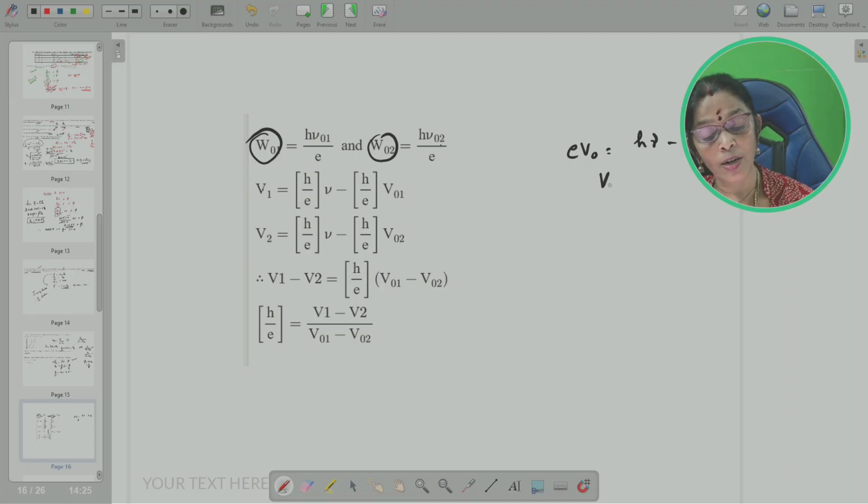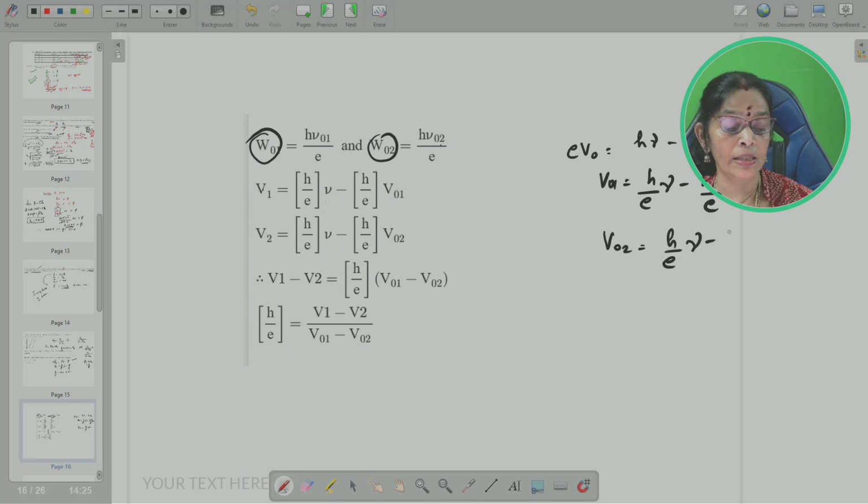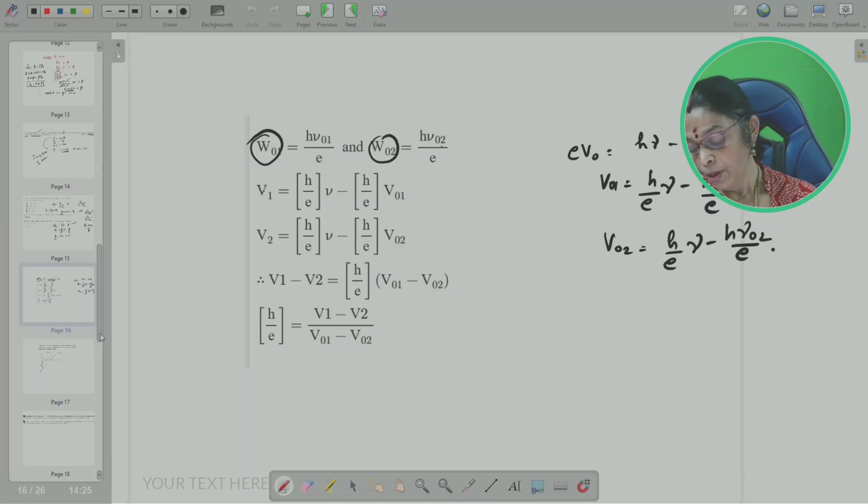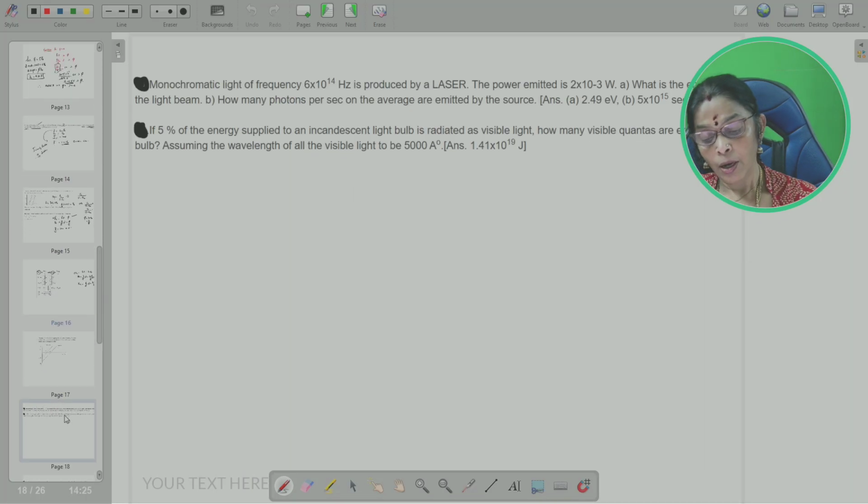So V naught is equal to h by e into nu minus h into nu naught by e. Similarly, here V naught 2 is equal to h by e into nu minus h into nu naught 2 by e. So hope you understand this, children, and the same way you can do this.